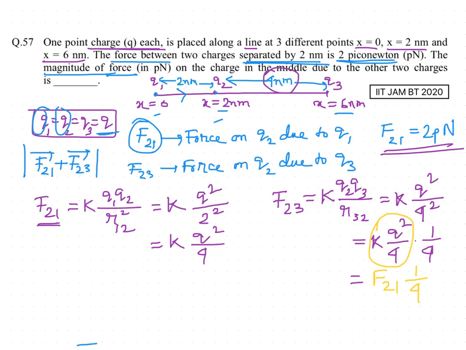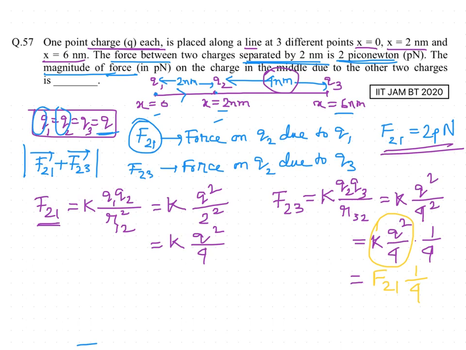Okay, and now the direction of F23 is along the opposite side, because see, Q1, Q2, Q3 are all of the same type, all positive Q charge, right? So the force would be repulsive.